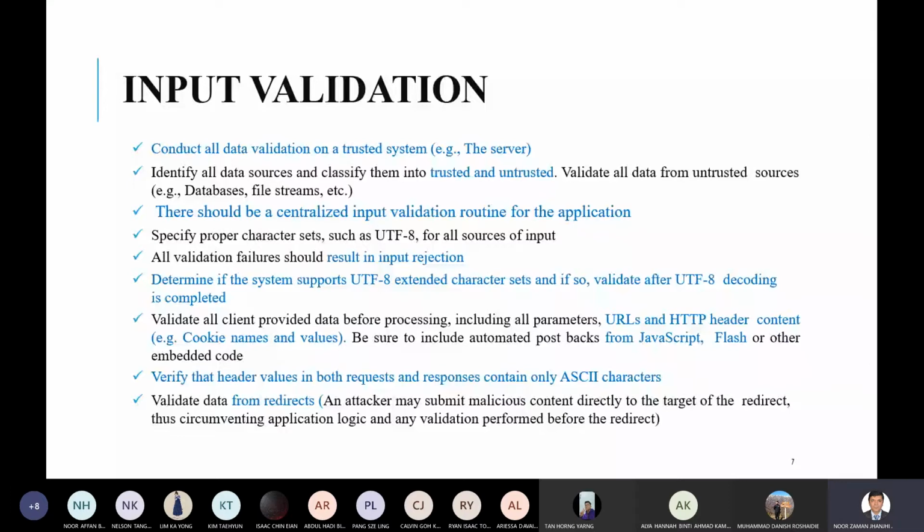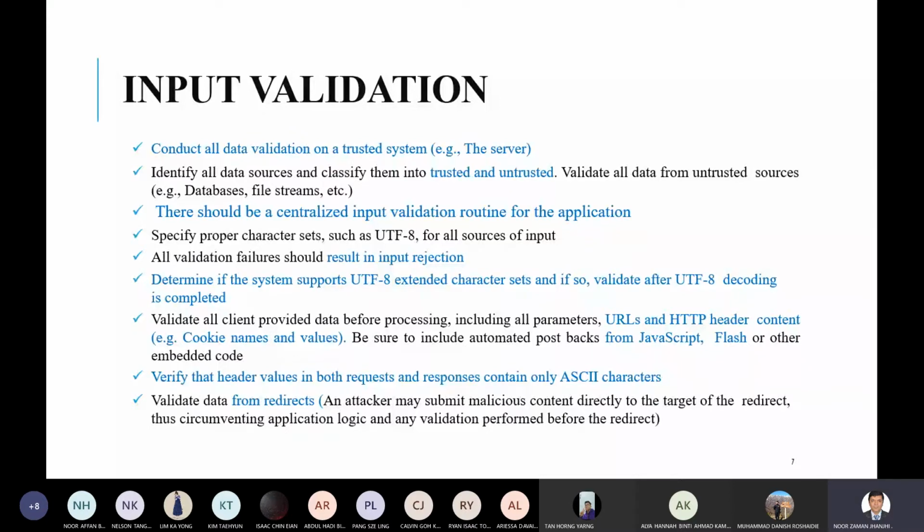We have to see how the databases are, where they are, and what level of security they have. We must have a centralized input validation routine. Whatever input we are receiving must have a validation mechanism, and that is centralized and can be controlled from one point to make sure that we are not missing even a single point. We must specify the character set, like UTF-8, while we are receiving the information.